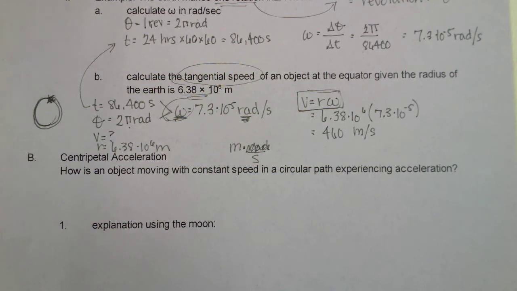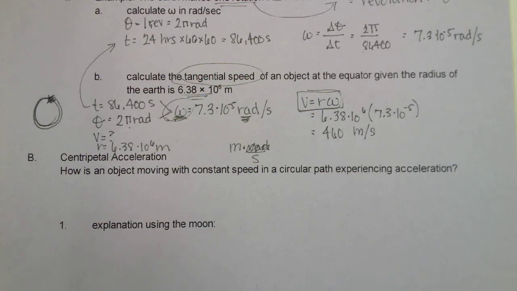Now we're going to talk about acceleration. That's actually the last piece of kinematics that we had in Chapter 3, acceleration. But you look at the title of this chapter. The title of the chapter is circular motion with constant speed. How is it possible to have constant speed and yet experience acceleration?